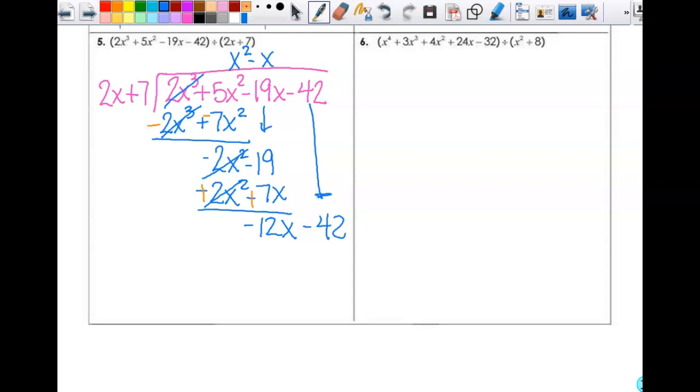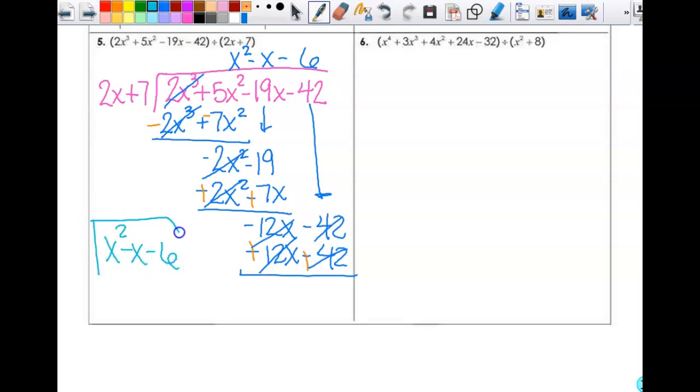Then 2x into negative 12x is a negative 6. And negative 6 will give me negative 12x minus 42. I change the signs. Those both zero out. And I am left with x squared minus x minus 6.